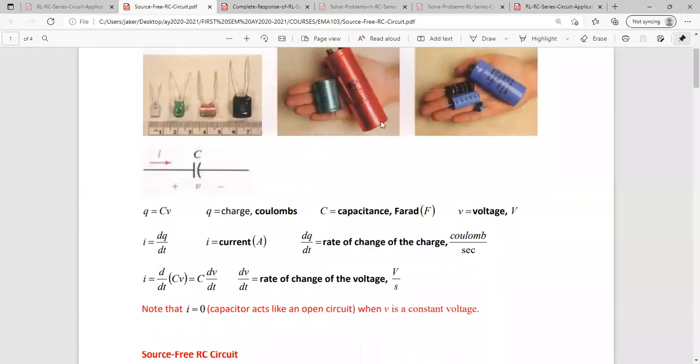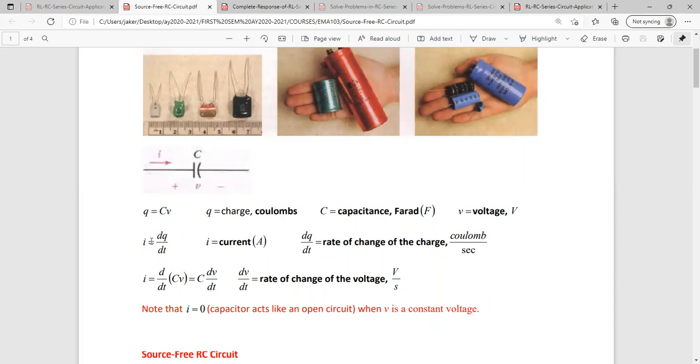Now, the upper part or the introductory part of this document still reviews the things that we discussed last Monday. So it reviewed the things associated with the capacitor, the charge on it based on this formula, and the current passing through it based on the rate of change of the charge, or it could also be a current in terms of the rate of change of the voltage. So the two different representations of the current in your RC circuit.